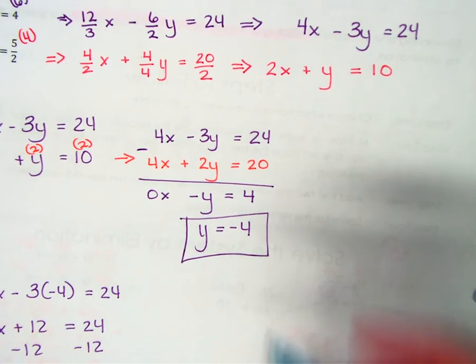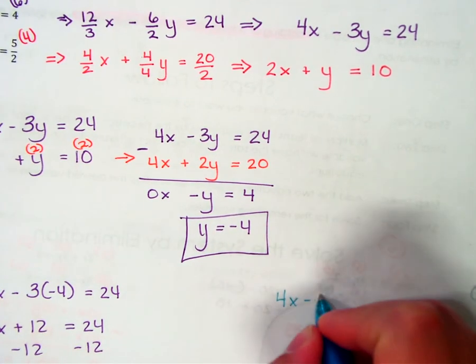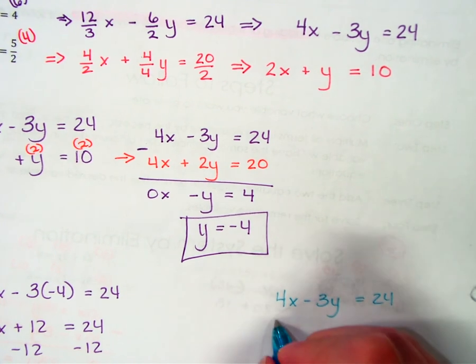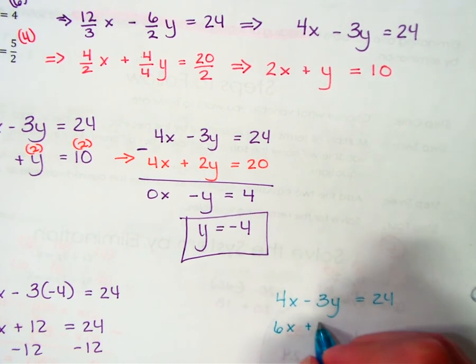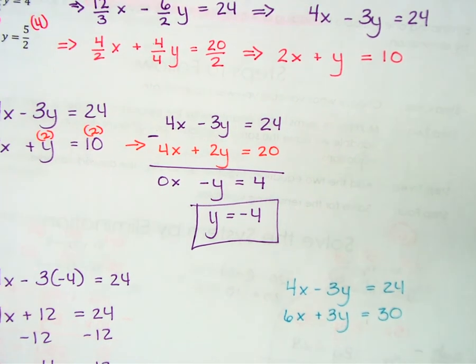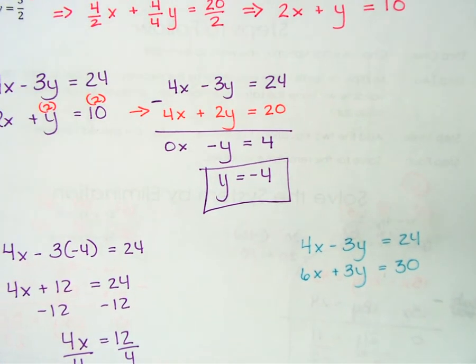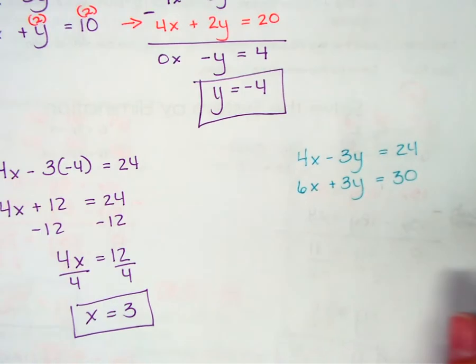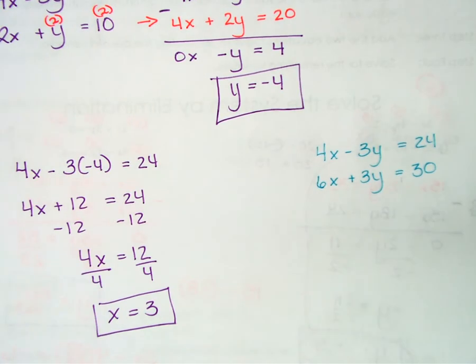So for my first equation I would have 4x minus 3y equals 24, and my next equation would be that. So I have a negative 3 and a positive 3. Wait, so you don't multiply the top? How do you get a 6? I didn't, because I didn't need to.